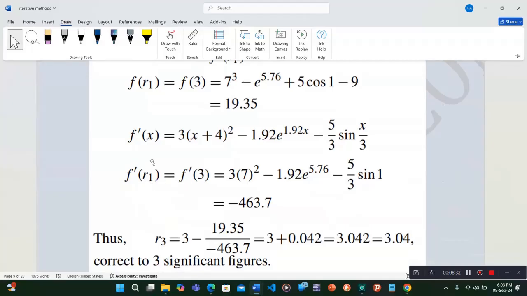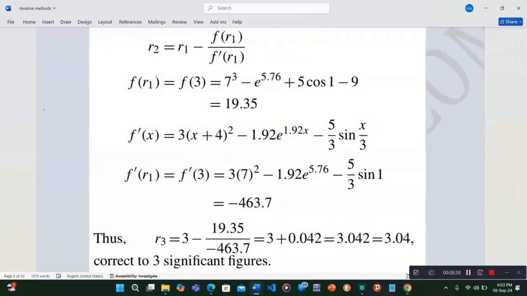So you look for the first derivative. We had earlier obtained it, and we see it is this value, 3 into x plus 4 squared minus 1.92 exponential of that. When we substitute in the value of R1, whereby R1 is 3, the value is this.